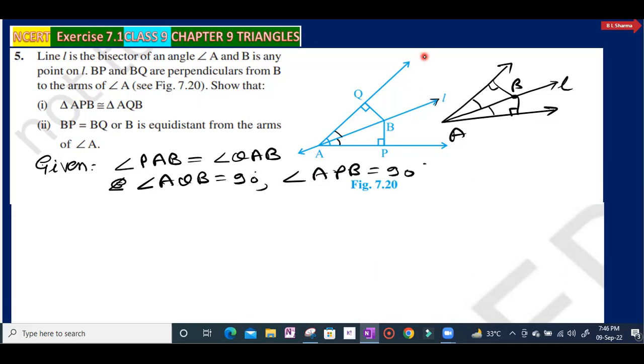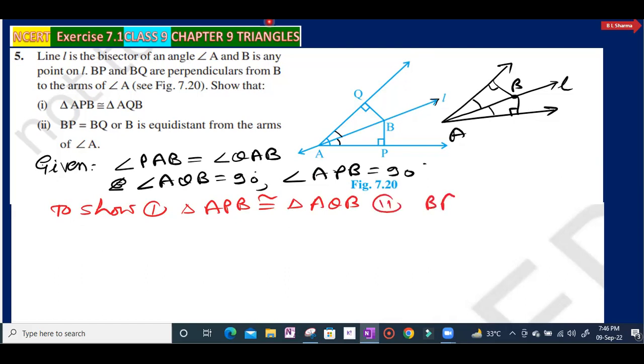To show, first triangle APB is congruent to triangle AQB, and number two, we also have to see that BP is equal to BQ. हमें इसमें एक्स्ट्रा कुछ लिखना ही नहीं.